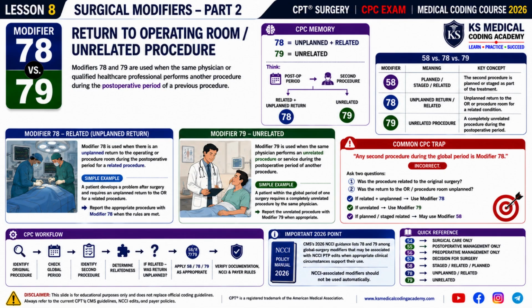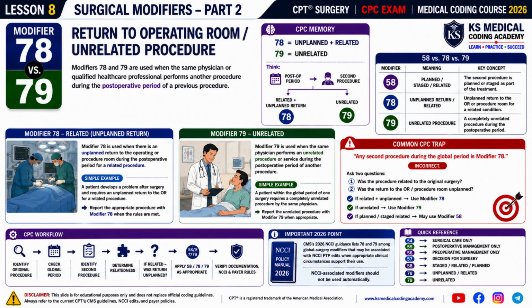Now let's compare Modifier 78 and Modifier 79, two important modifiers used during a postoperative global period. Modifier 78 applies when the same physician or qualified healthcare professional makes an unplanned return to the operating or procedure room for a related procedure during the postoperative period. Modifier 79, on the other hand, applies when the same physician performs an unrelated procedure during the postoperative period.